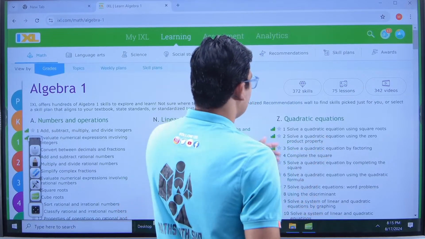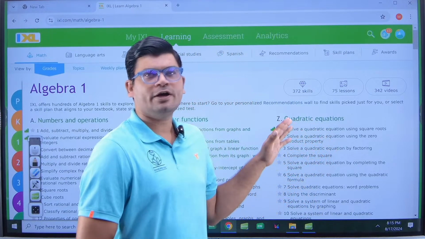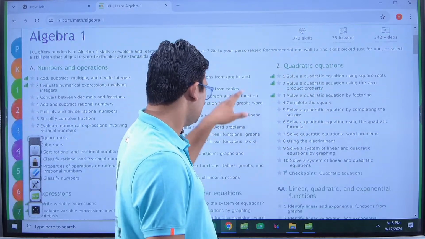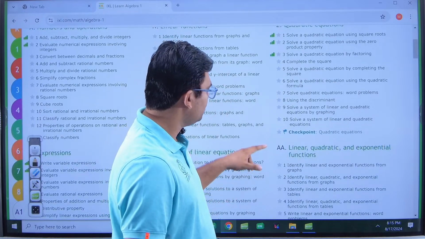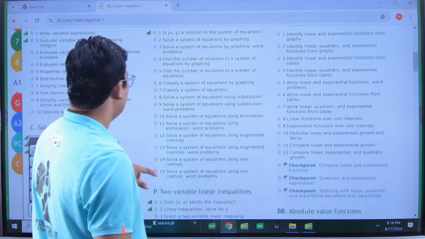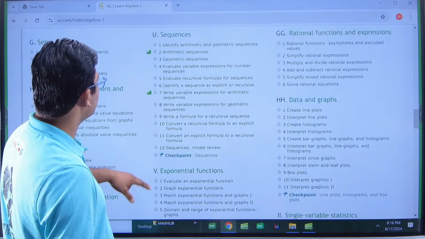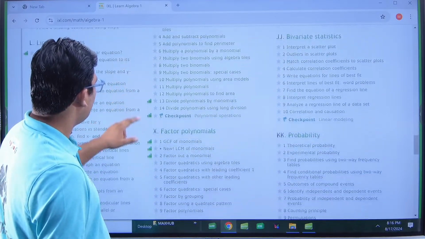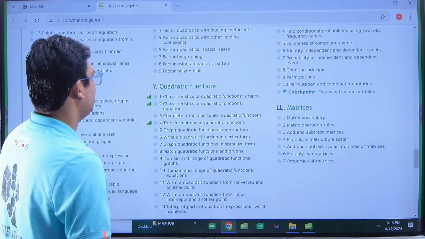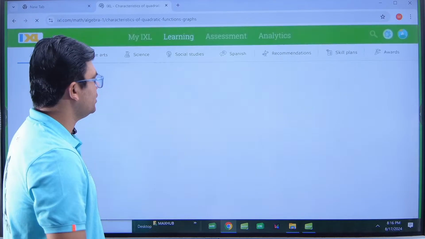Okay, this is quadratic equations. So we will start with quadratic equation or quadratic function. If you want, we can start with the function as well. Let me see if there is a function. Polynomials, factoring, quadratic function. Okay, characteristics of quadratic functions, graphs.